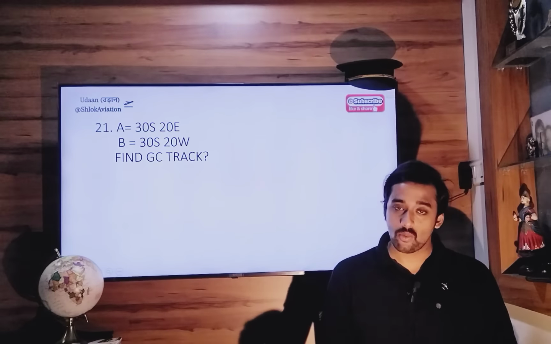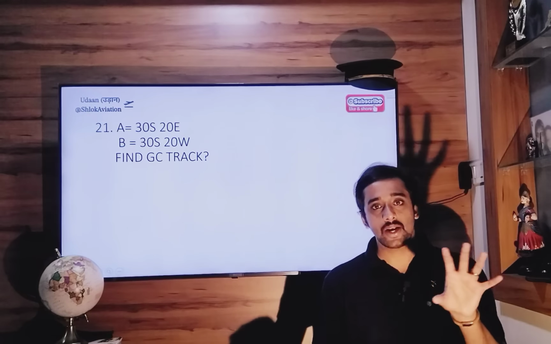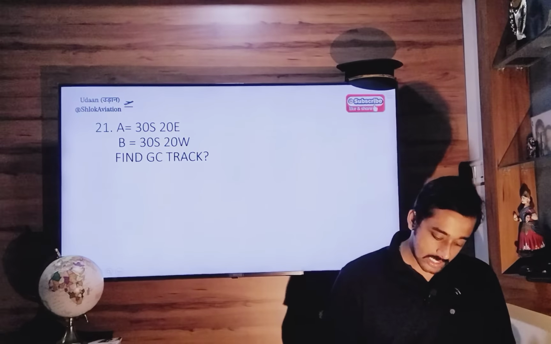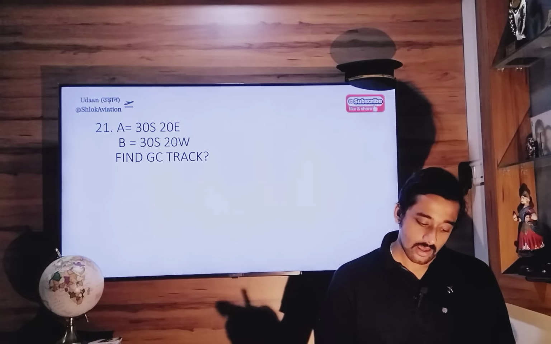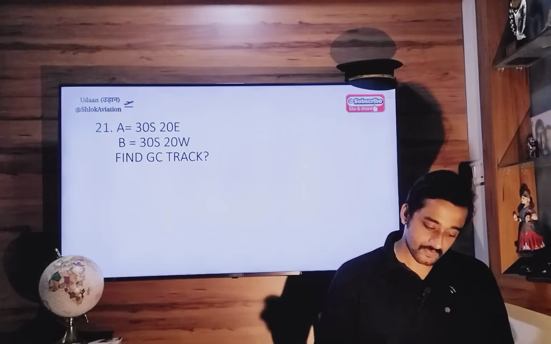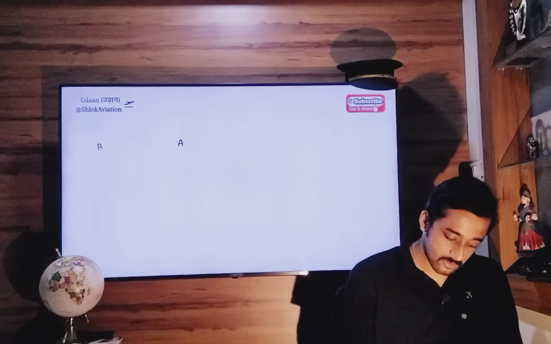This will be question 21. Two coordinates are given. You have to find the great circle track A to B, B to A. So let's plot this. We are in the southern hemisphere. Pay attention to the latitude in the east and in the west. So A is here, B is here.